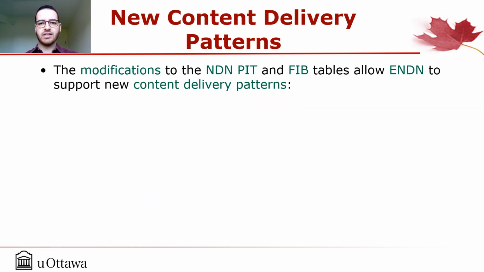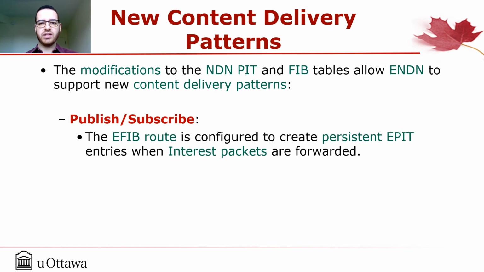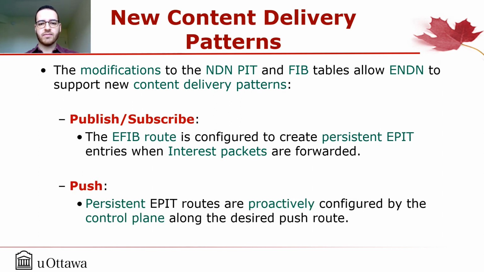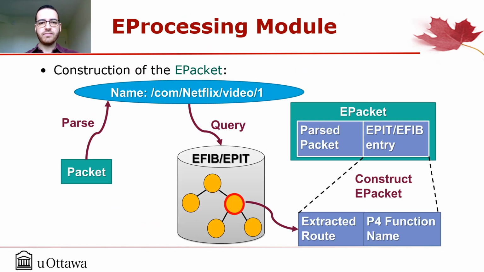The modifications I just described allow ENDN to support additional content delivery patterns. Publish-subscribe can be done by configuring the EFIB route to create persistent EPIT entries when interests are forwarded. Push can be done by inserting non-expiring persistent EPIT routes.